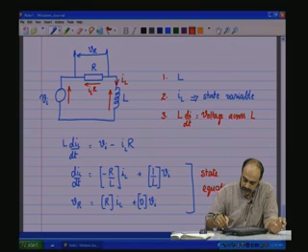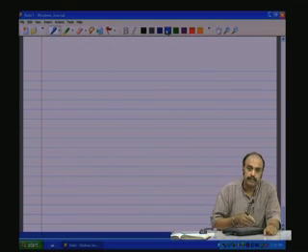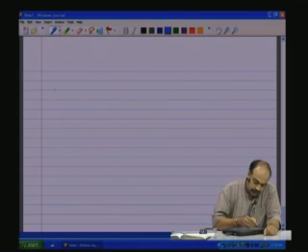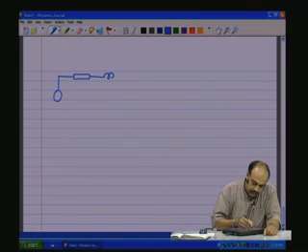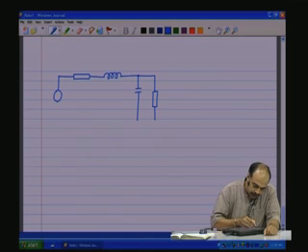So, let us take a bit more complex, actually simple, but just a bit more complex compared to the earlier RL and RC circuit that we have been seeing. The third example is like this. So, let us have an R, let us have an L, let us have a node with a capacitance C, and let us have another resistance R across C as shown here.